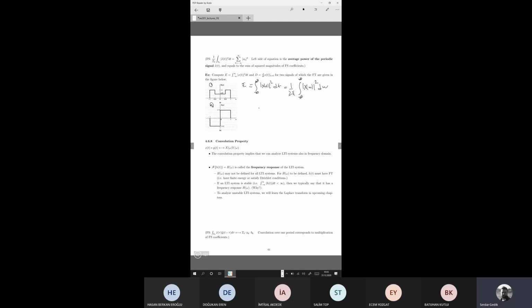So it is 1 over 2 pi times the integral from minus 1 to 1 of 1 over 2 pi d omega, plus the integral from minus 1 over 2 to 1 over 2 of pi over 2 d omega, plus the integral from 1 over 2 to 1 of pi d omega.